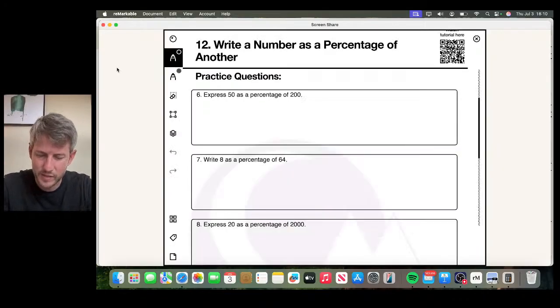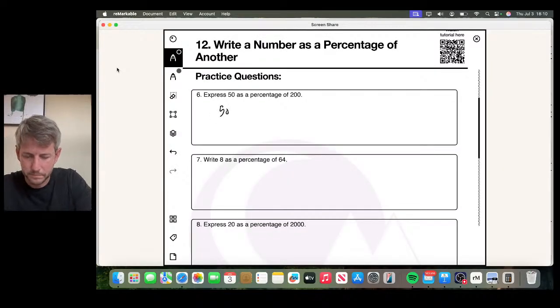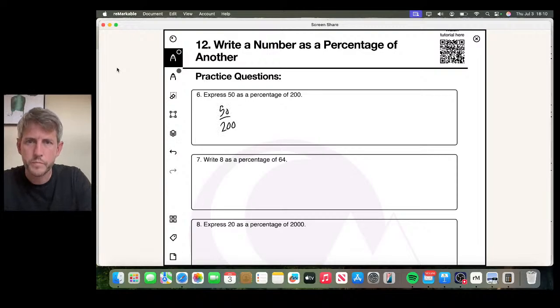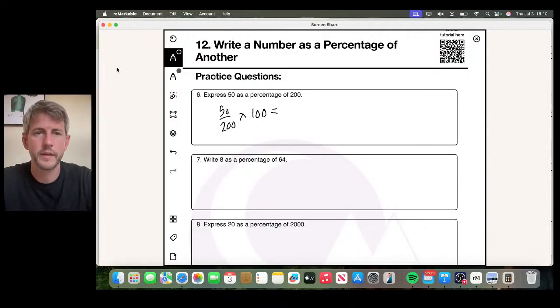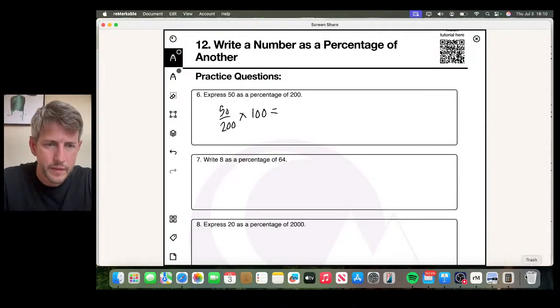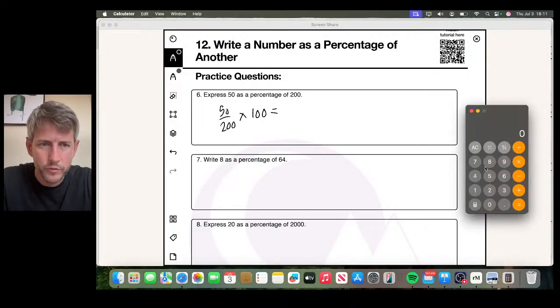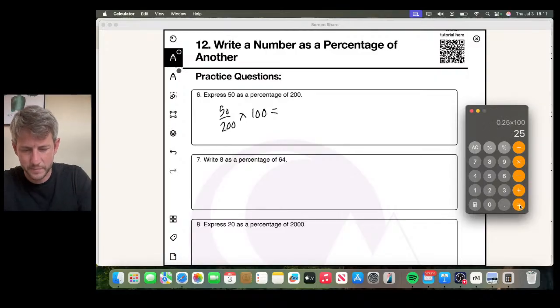Practice questions here, question 6. So we've got 50 out of 200, okay, times 100. Okay, let's work this one out. Here we go, so we've got 50 divided by 200, that's what that line means, equals this, times 100, and that would be 25%.